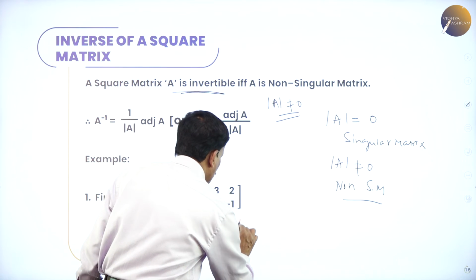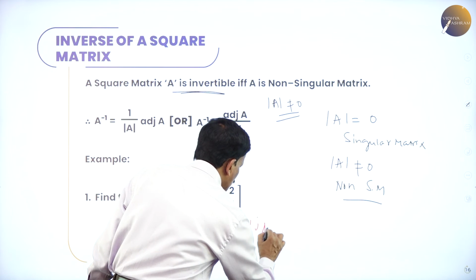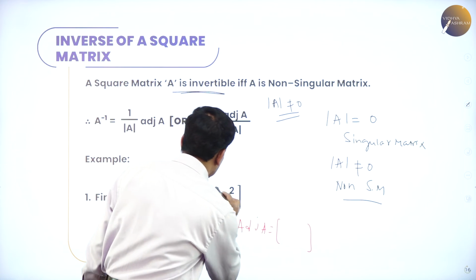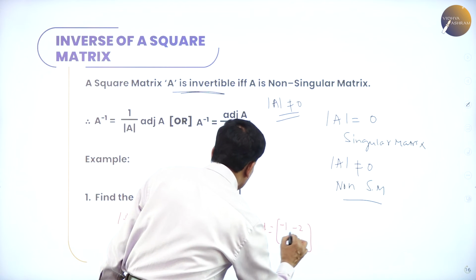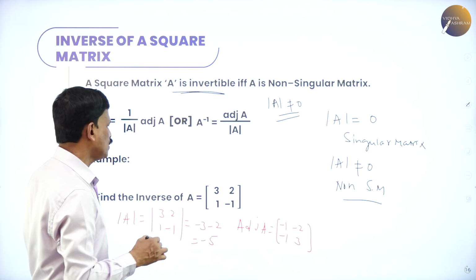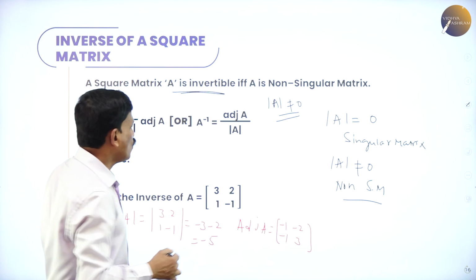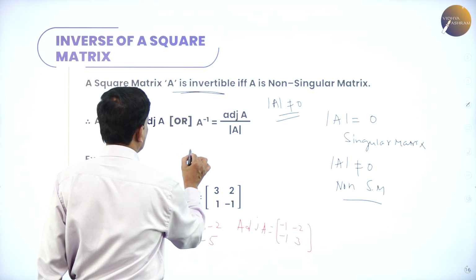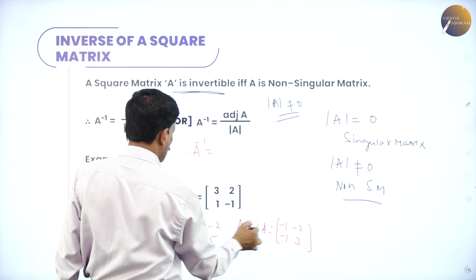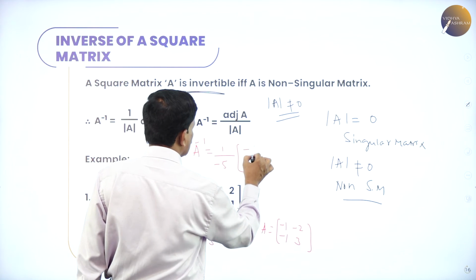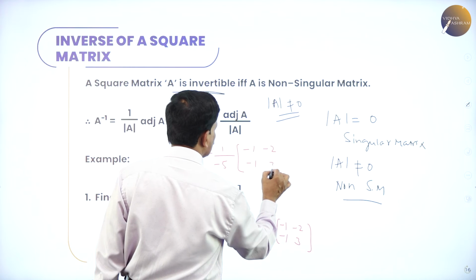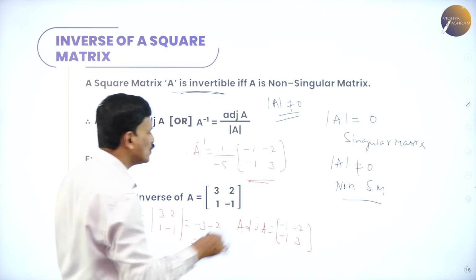Adjoint of A is obtained by interchanging the diagonals, which becomes minus 1 and 3, and changing the signs of the secondary diagonal, minus 2 and minus 1. Now, what is the formula for inverse? Therefore, A inverse is equal to 1 over determinant A, 1 over minus 5 into [-1, -2; -1, 3]. This is the inverse for the matrix.